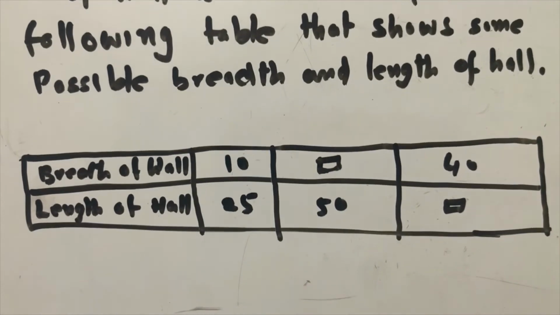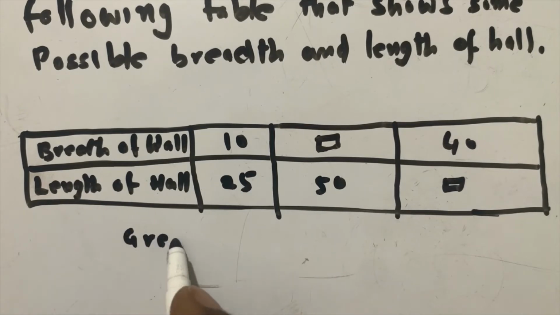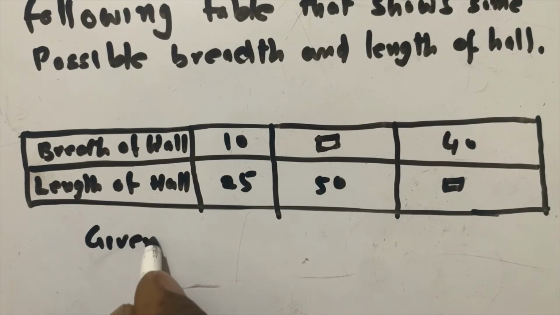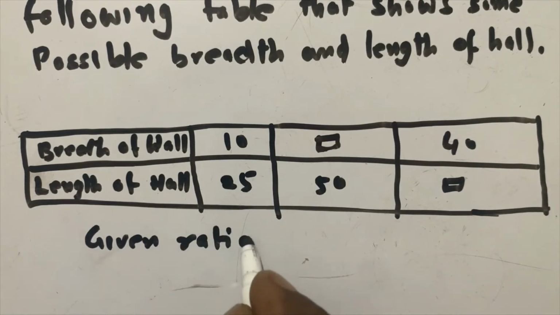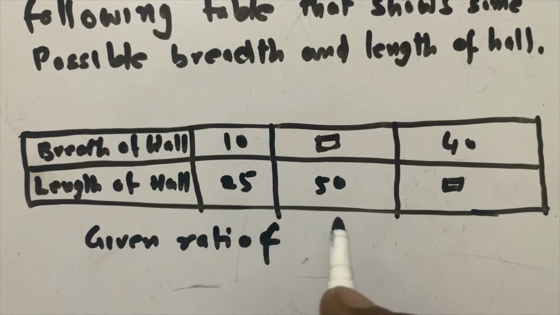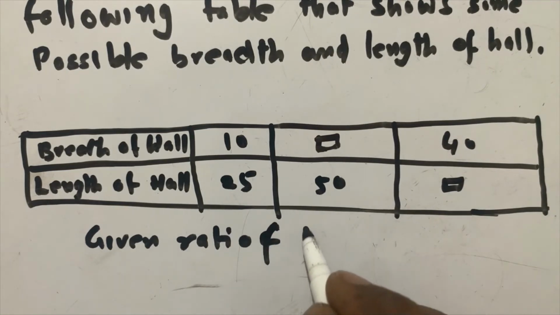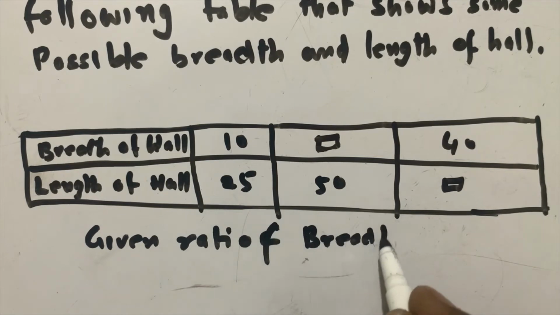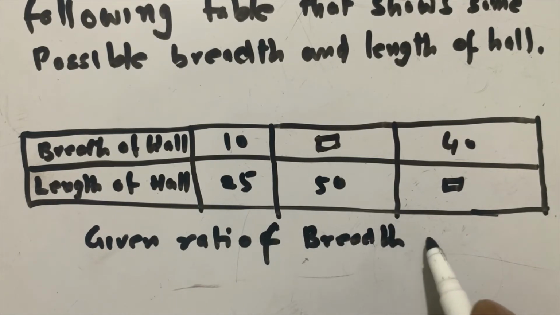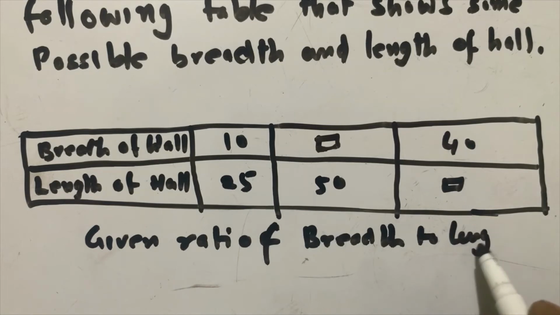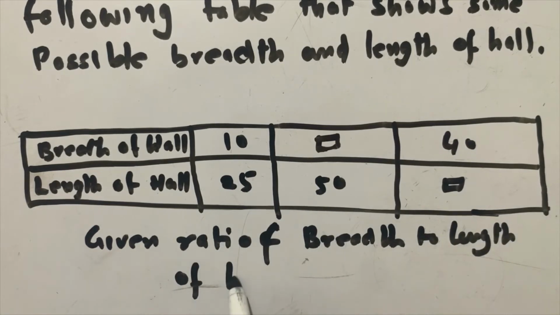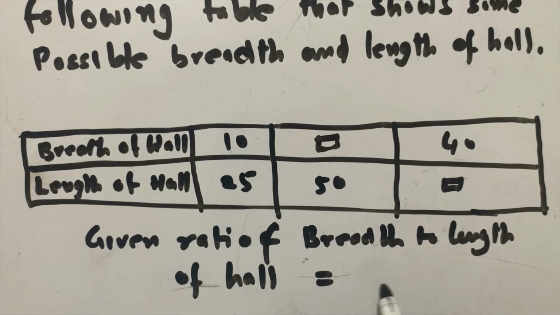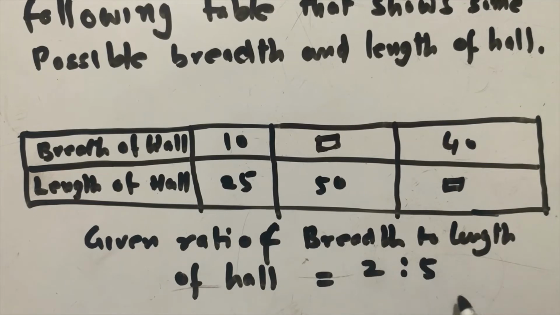Given ratio of breadth to length of hall is equal to 2:5, or 2/5.